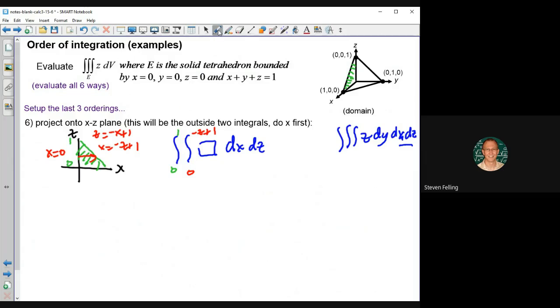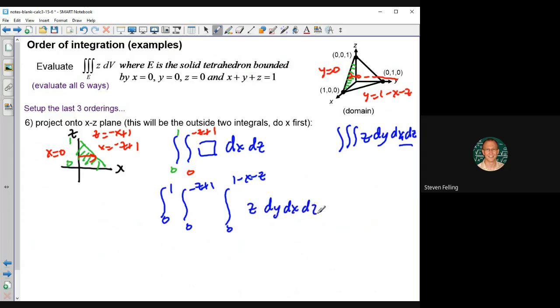All right, and then finally, to get the last one here, we'd imagine our little person standing in there, jumping in this direction, starting at y equals 0, ending at y equals 1 minus x minus z. So the final setup here would be 0 to 1, 0 to negative z plus 1, 0 to 1 minus x minus z, with an integrand in the order y, then x, then z.